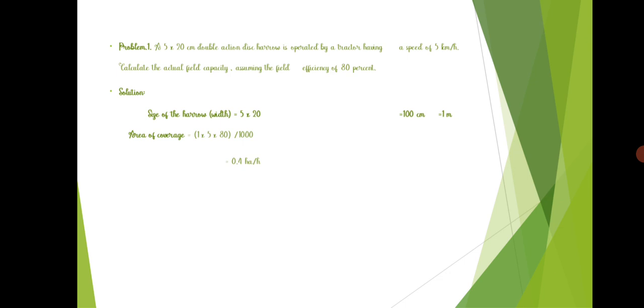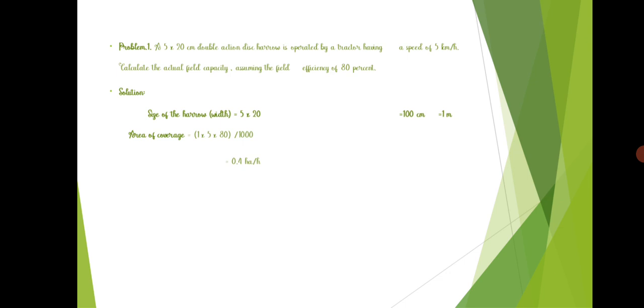So in this, width of the disc harrow is given as 5 into 20, so it is 100 centimeter. When we convert it to meters, it is 1 meter. Next, speed is given as 5 km per hour and field efficiency as 80%.